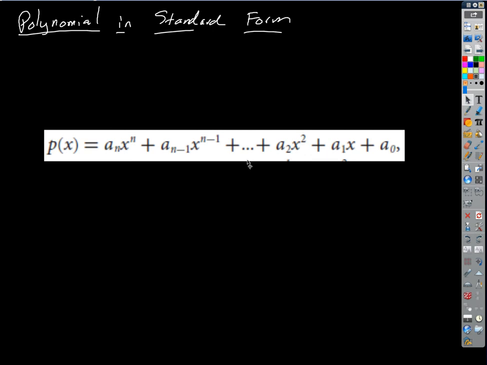So now, stare at this again. Based on that, and we'll talk more about this, can anybody tell me how many terms there are in that polynomial? It's not necessarily 5. In fact, probably not. 5 or more.